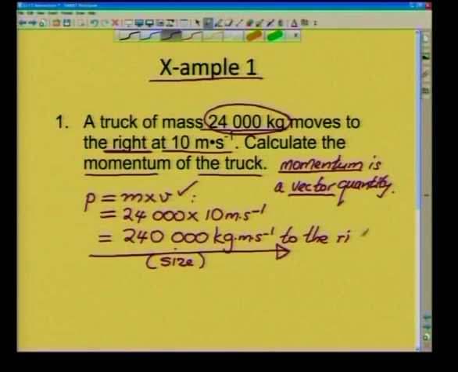So the momentum of the truck is 240,000 kilograms meters per second to the right. So this gives us the size, and that gives us the direction. So we have accounted for momentum being a quantity with both magnitude and direction.